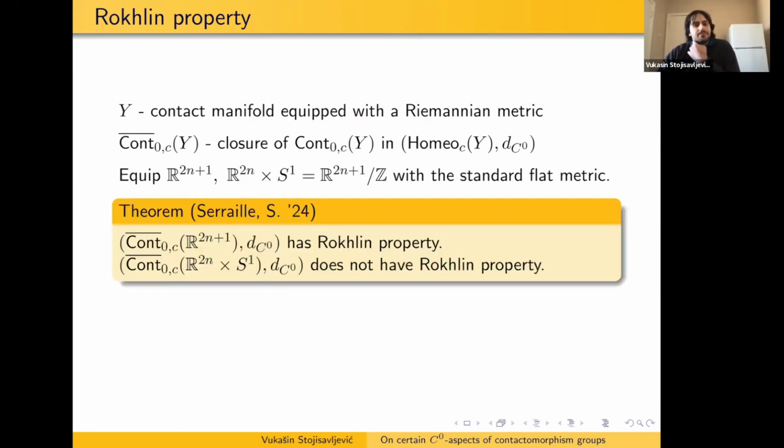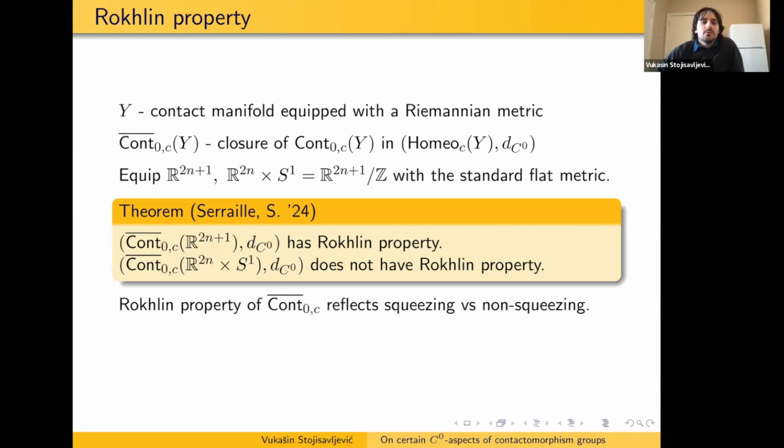And here is a theorem. The contact homeomorphisms of R^(2n+1) with the C0 distance, this group has the Rokhlin property. And the group, when we do the same thing but with R^(2n) times S^1, does not have the Rokhlin property.